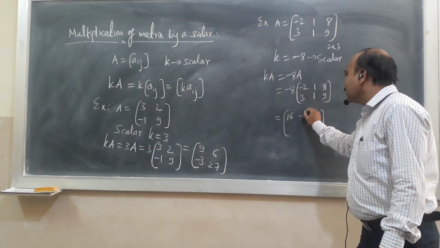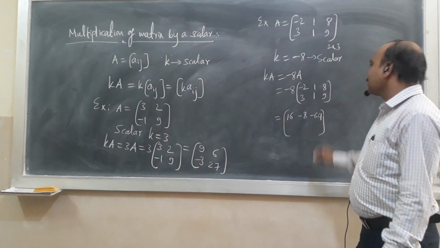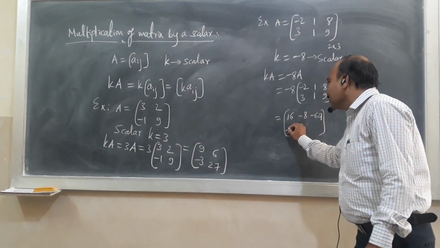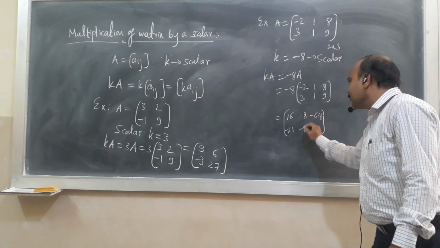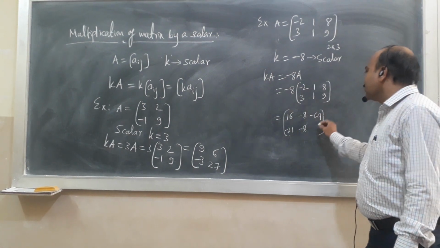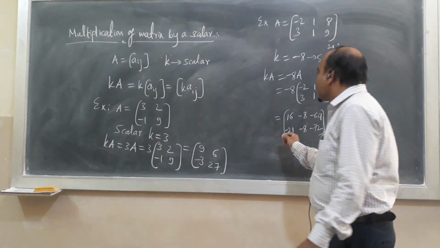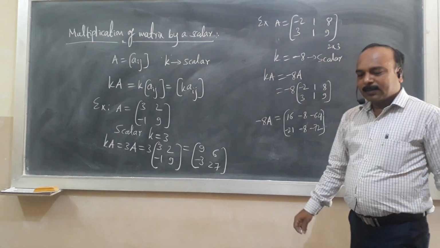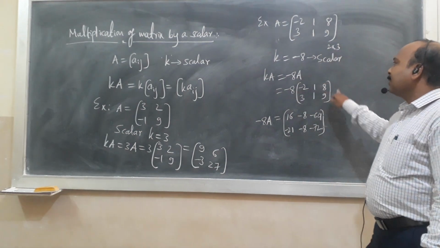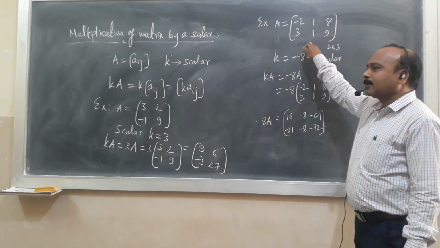Minus 8 into 1 is minus 8. Minus 8 into 8, minus 64. Minus 8 into 3, minus 24. Minus 8 into 1 is minus 8. Minus 8 into 9 is minus 72. It is called the matrix minus 8A. Minus 8 is multiplied with all the elements of the given matrix A.